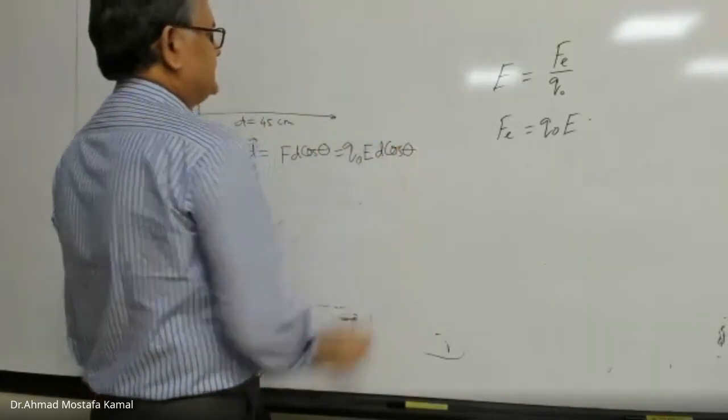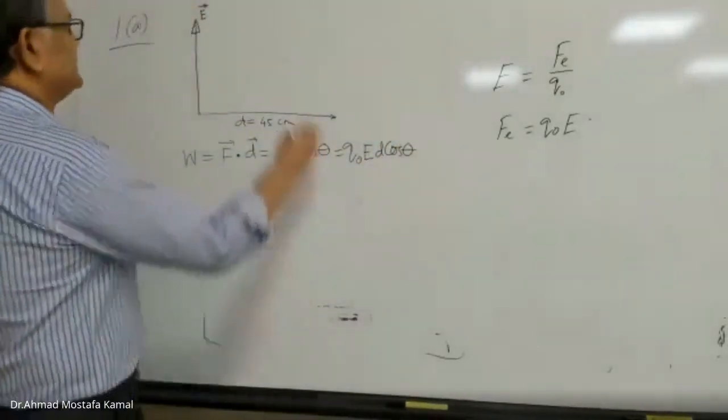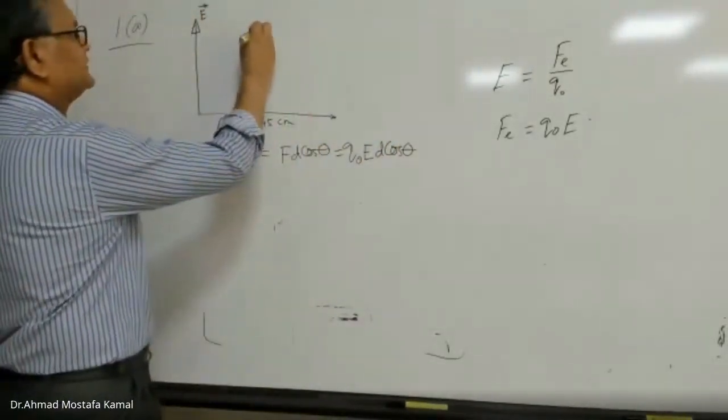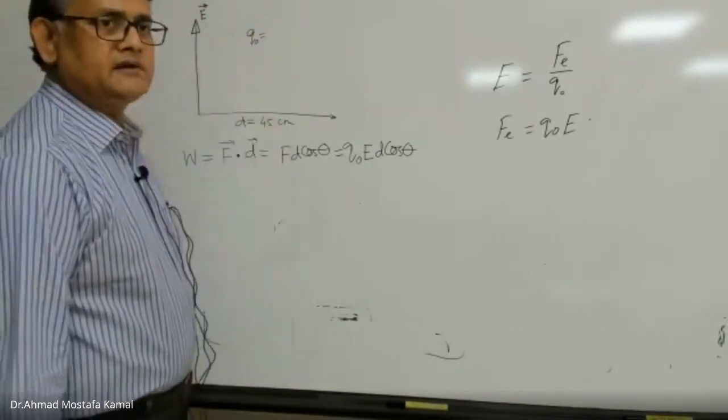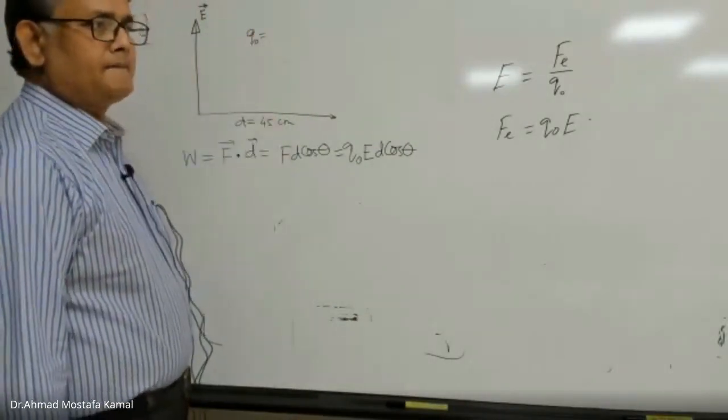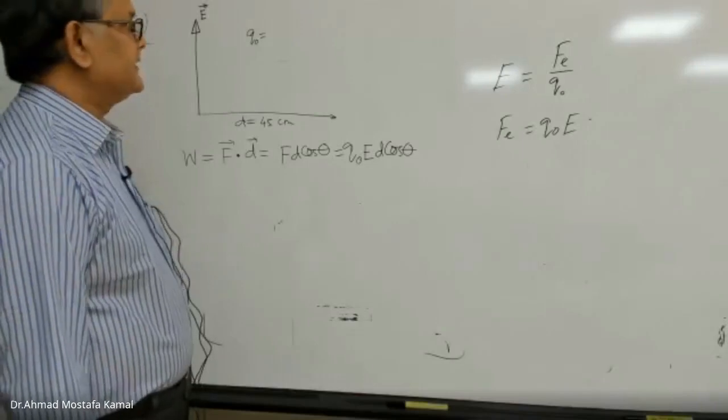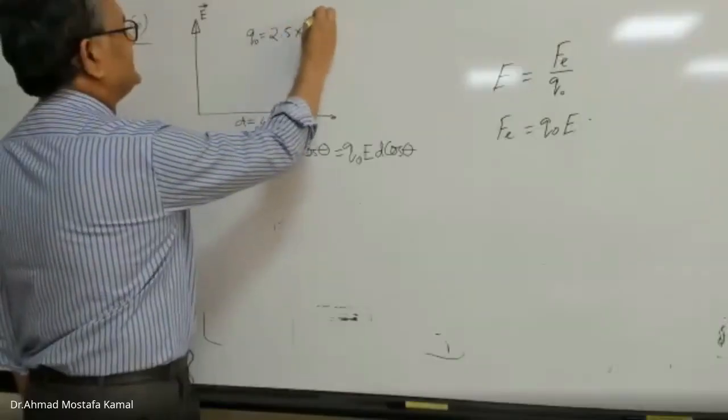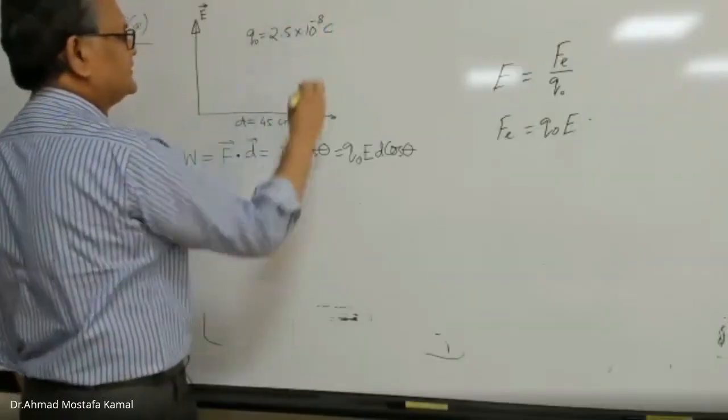In this case, we are given the quantities. Q naught is equal to what? Can you tell me the value from your problem sheet? Please help me. So 2.5 times 10 to the power minus 8 is the value of Q naught.